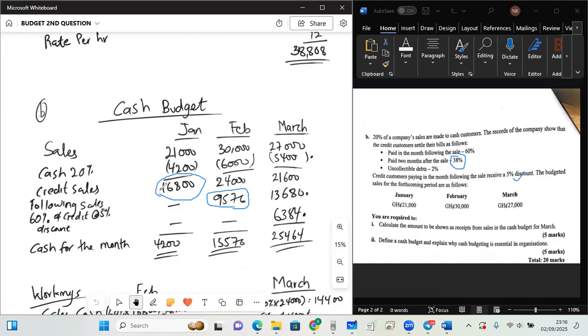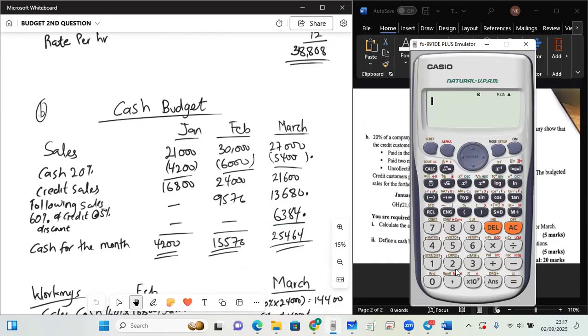So 38% of this 168,000, 16,800 is what is going to be reflecting here, right? That's what is reflecting here.